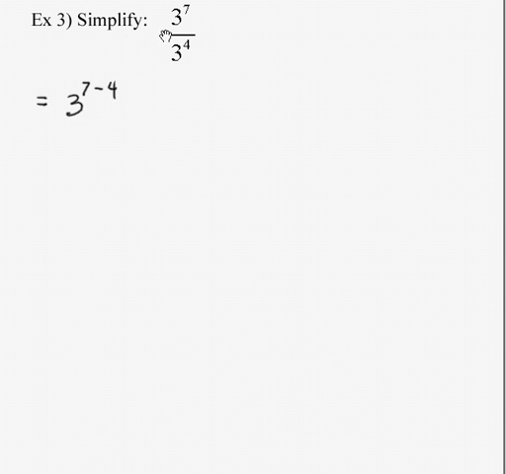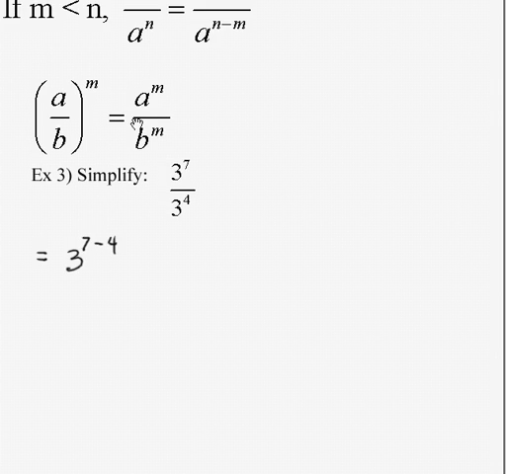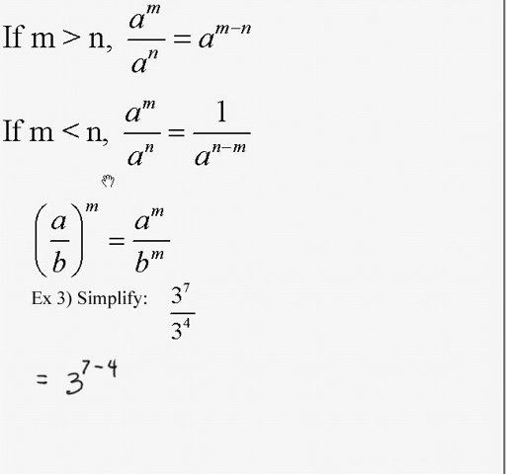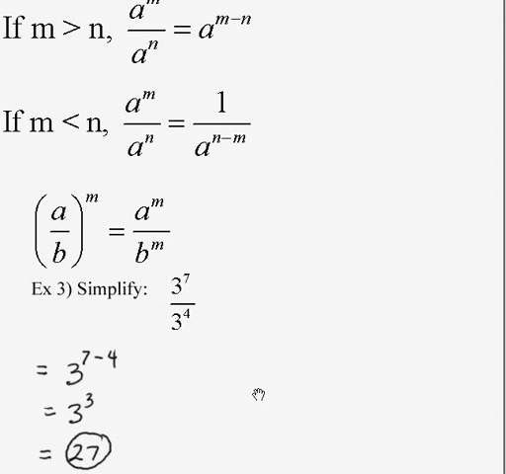When I am dividing and the bases are the same, which they are, we keep the base and subtract the exponents. Since the larger exponent is in the numerator, it's just 7 minus 4, which is 3. 3 to the 3rd power is 27.